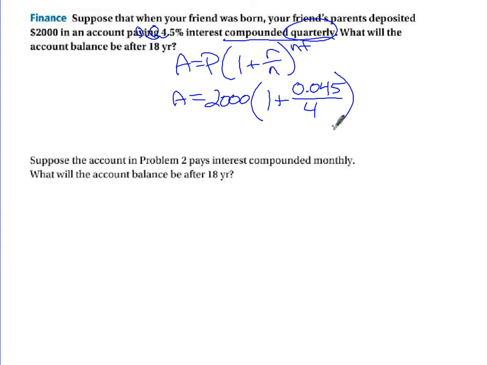Then in the exponent, I have the n again, so I'm going to write 4 again, and then 18. So this is actually 4 times 18 in the exponent, because we're letting that thing sit for 18 years. Okay, so everything is entered in. Now we need to bring up the calculator and type all that stuff in.